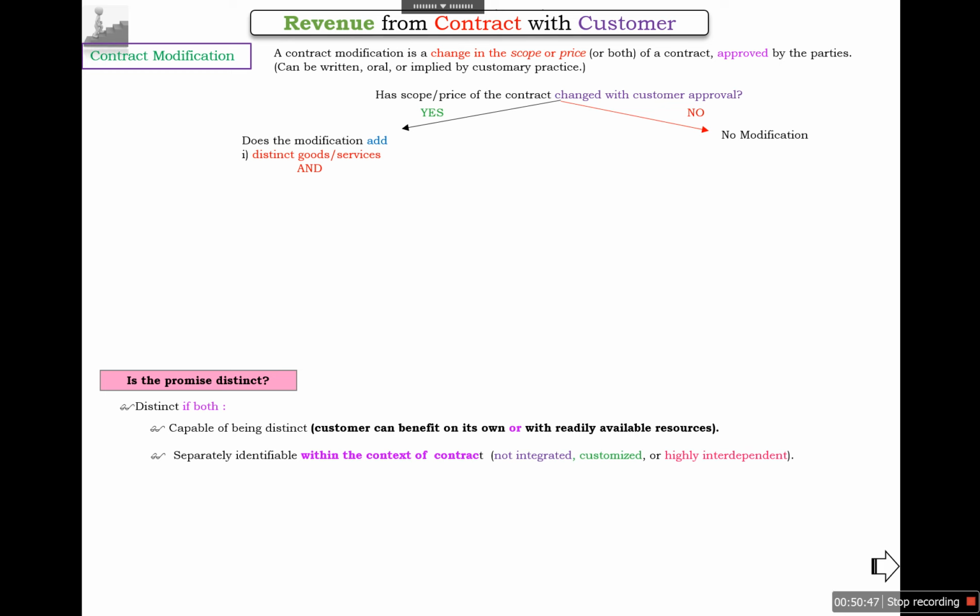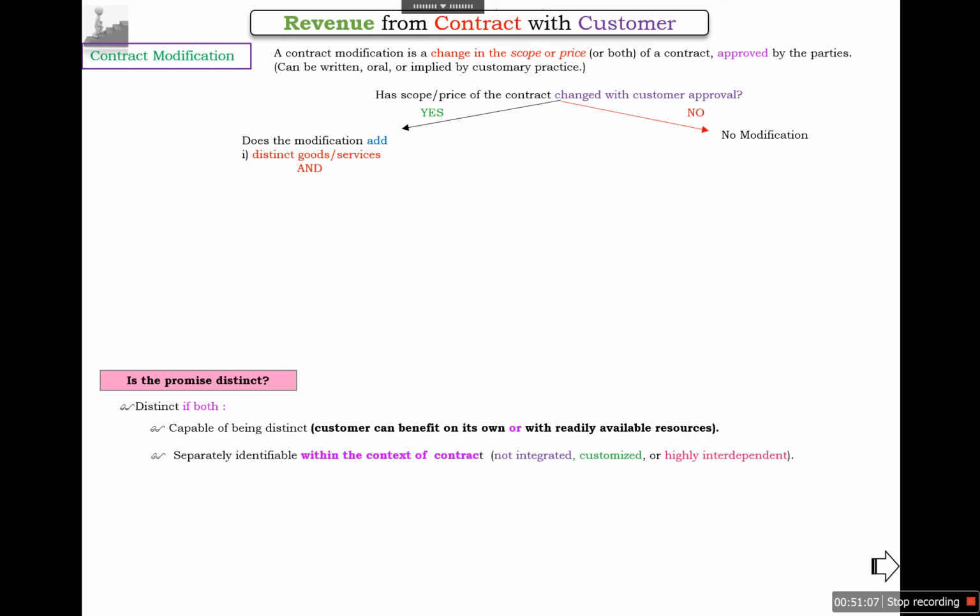In that case, it will not be distinct. But if the additional goods and services, the additional scope of the contract that has been changed, are not integrated, not customized, not highly interdependent, in that case, it can be called distinct.